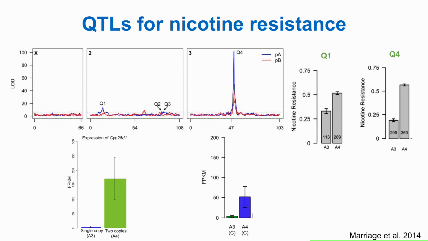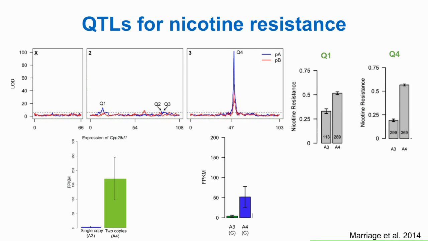I want you to look at Q1 and Q4 especially. The A4, fortunately, had the high resistance allele for both of the peaks, Q1 and Q4. Q1 explains 6% of the variance in nicotine resistance, and Q4 explains 50% of the variance. So they found two candidate genes or candidate regions.